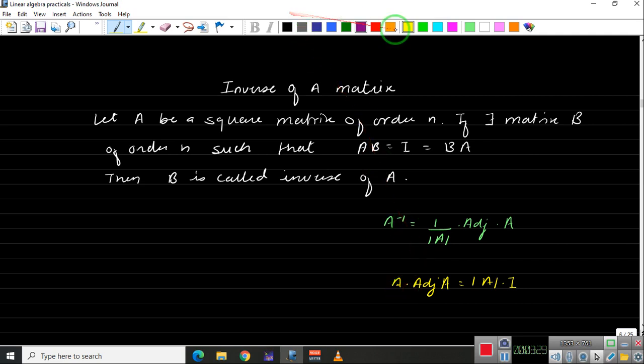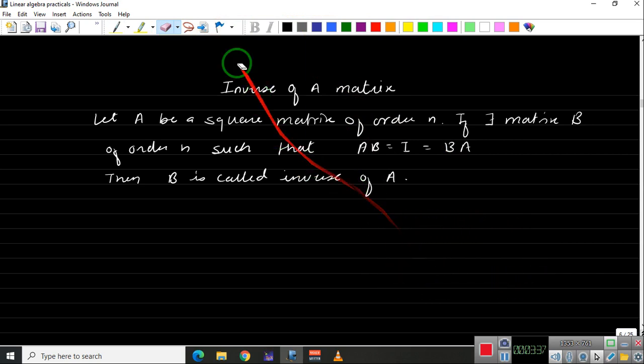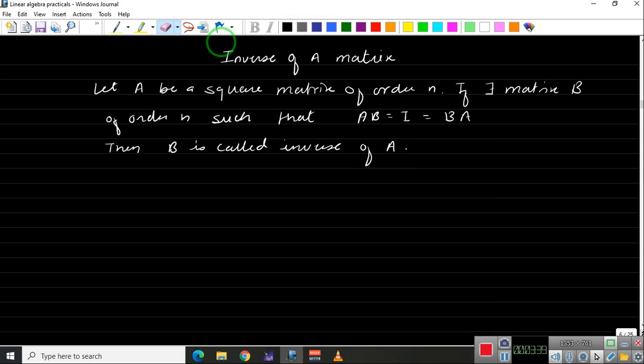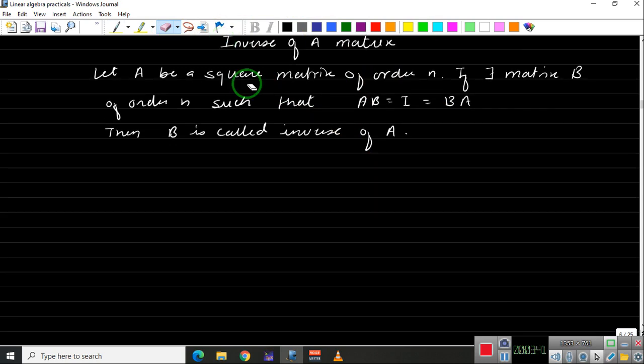But today let us use row reductions to get the inverse of a matrix. Let A be a square matrix.